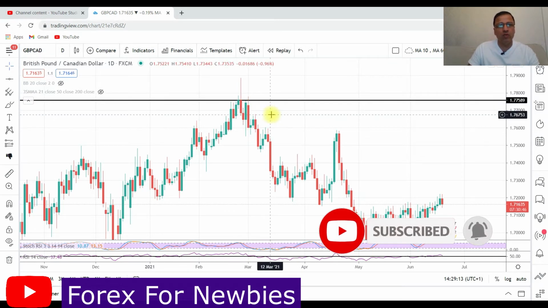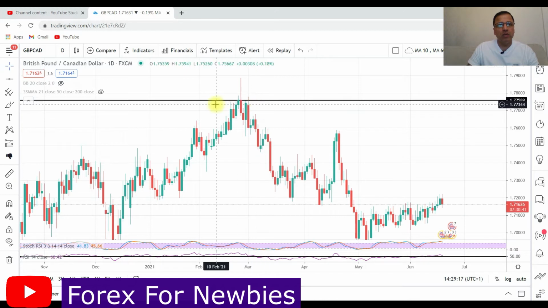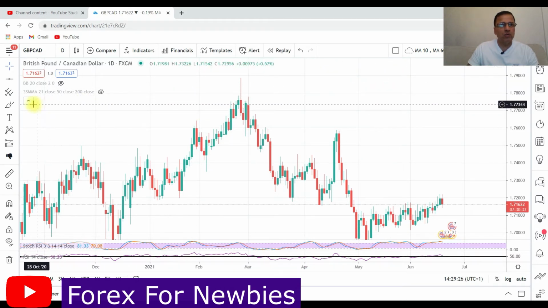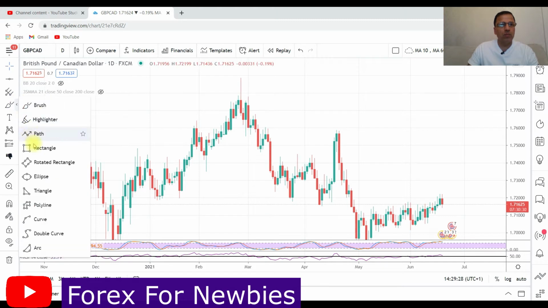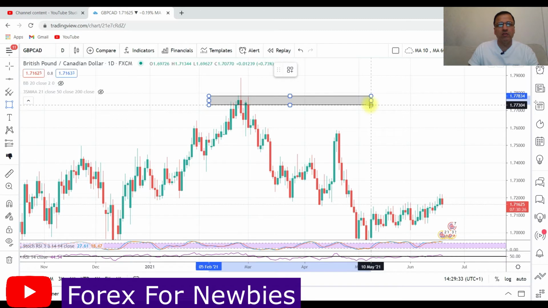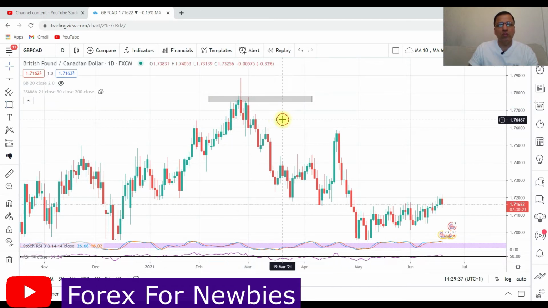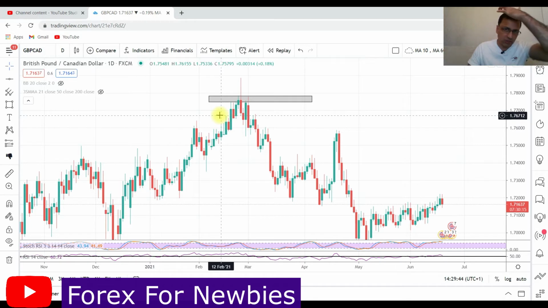Now there are two ways to mark these support and resistance levels. Some people like to put horizontal lines, and other people like to draw a proper zone so that a lot of area is covered. The benefit with the zone is that the line is a very thin line, and you cannot get all the touches with these lines.